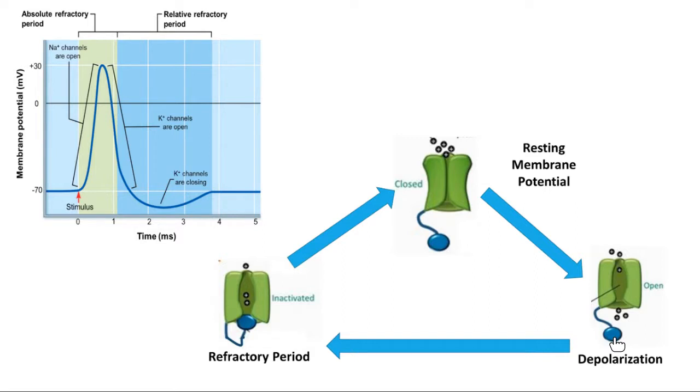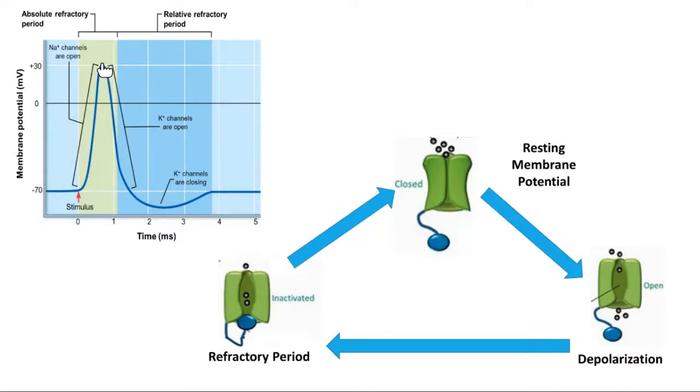When we get all the way up to positive 30, it's so positive on the inside that this part of my channel protein actually pops into my channel and blocks it. So I like to think about this a lot like a stopper on a bathtub. If you put this in the drain, nothing's going to go down that drain. When we get too positive in the neuron, up here at positive 30, this part of my protein actually folds inside and blocks the channel.